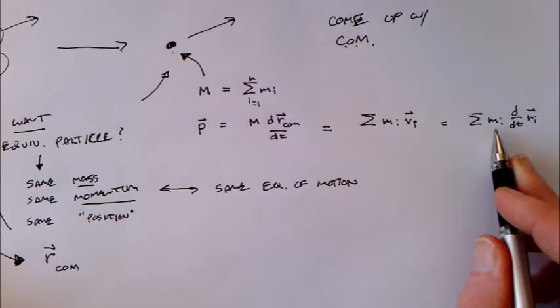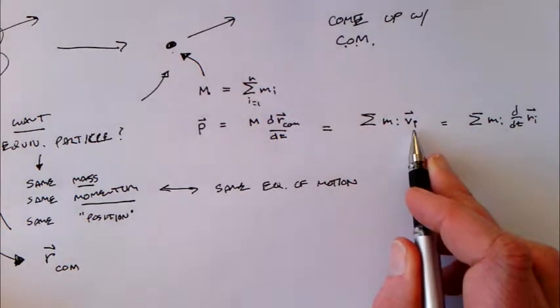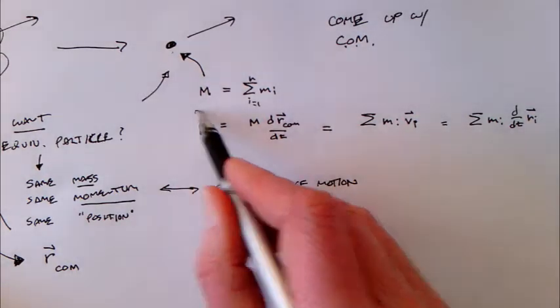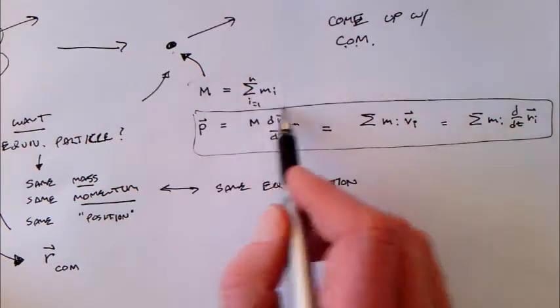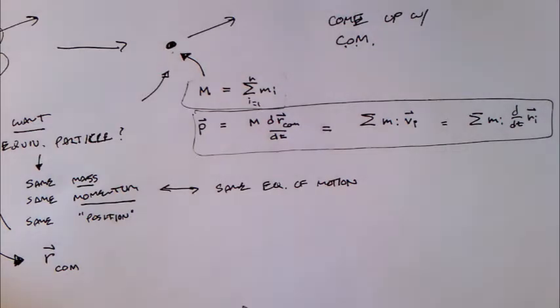So the mass of the ith particle times the time derivative of the position of the ith particle, or the mass times the velocity of the ith particle. Okay? So now we've got this fictional particle. We know that the momentum has to be this. We know what the equivalent mass is. Can we use those two things to figure out where the equivalent particle is located?